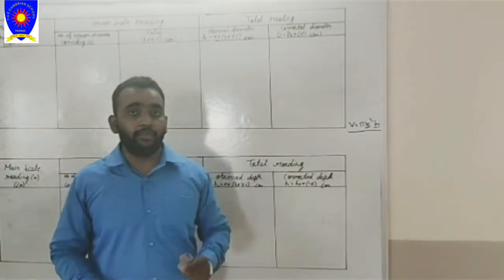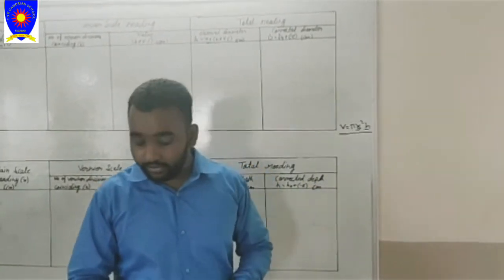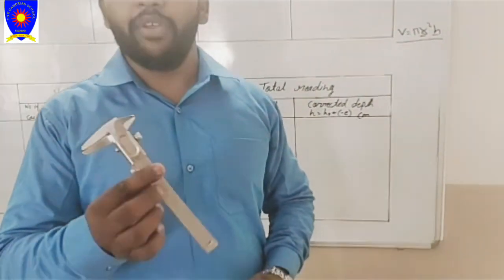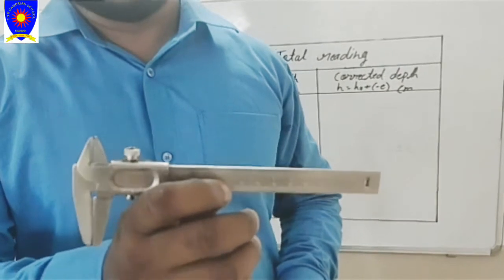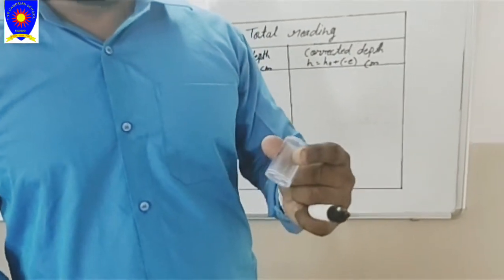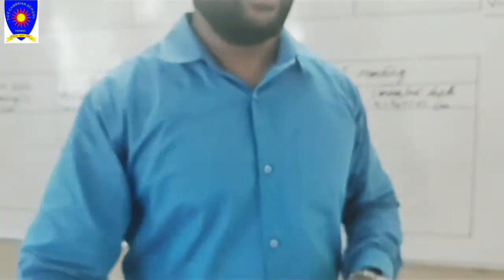So how can we find its radius and height? We have an apparatus, and we know that the name of this apparatus is vernier calipers. With the help of this apparatus, we can find the height and radius of the given cylindrical body.